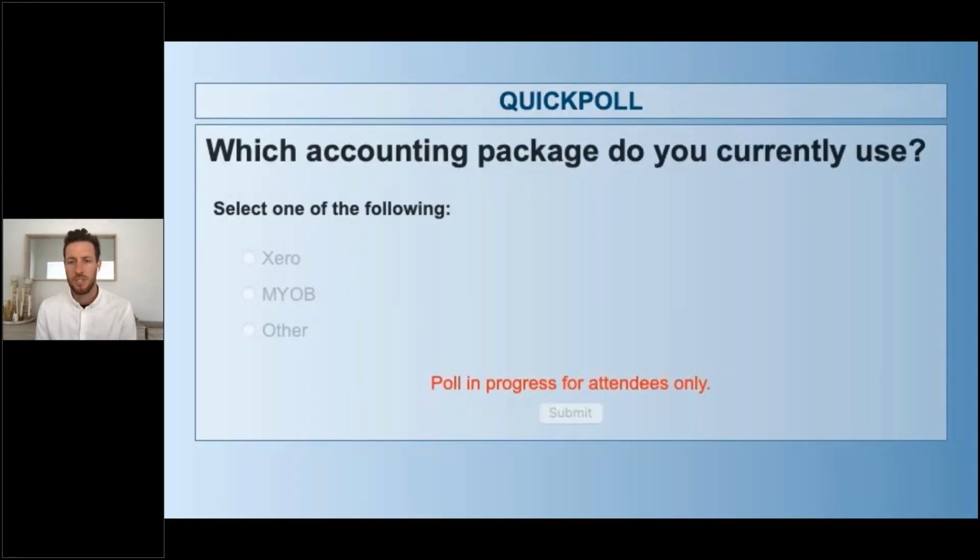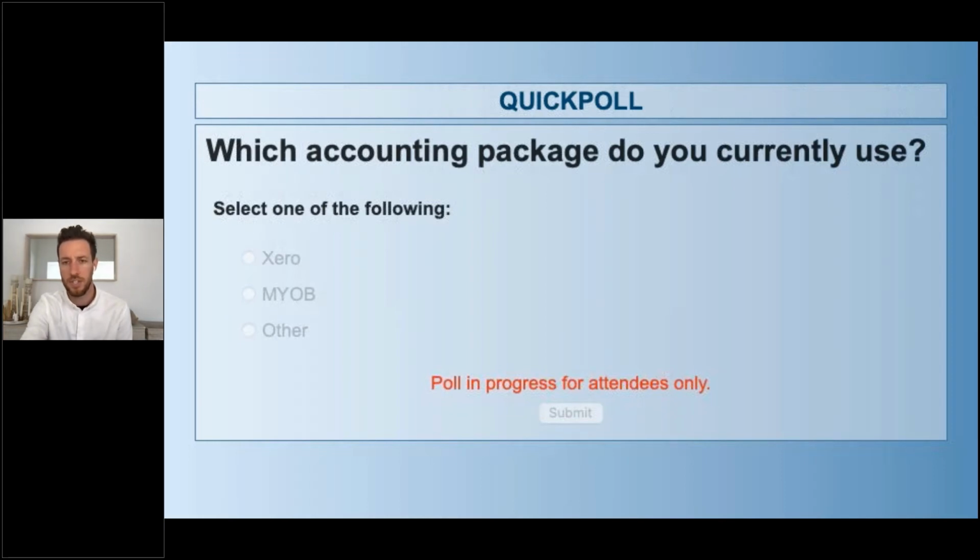As an example, we tend to find that about 60% of our customers that have integrated with one of these providers are from Xero, and about 30% from MYOB, and then the rest from other providers. So that's the numbers I'm looking at here.